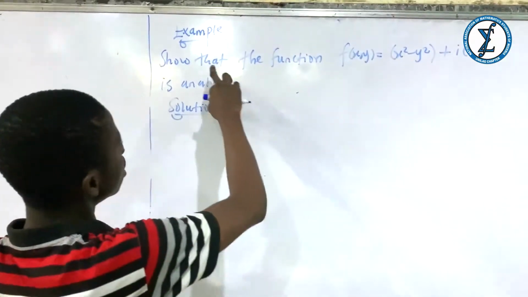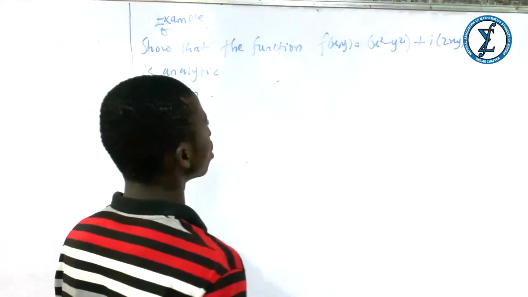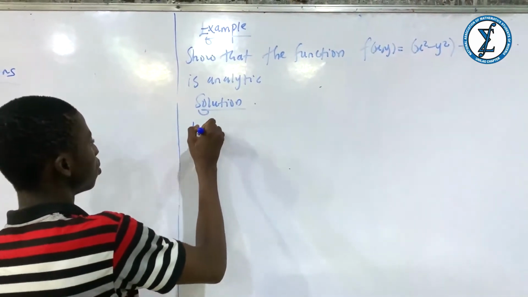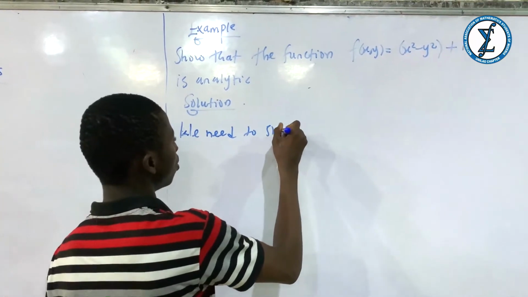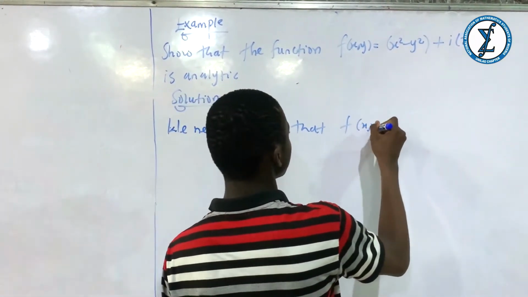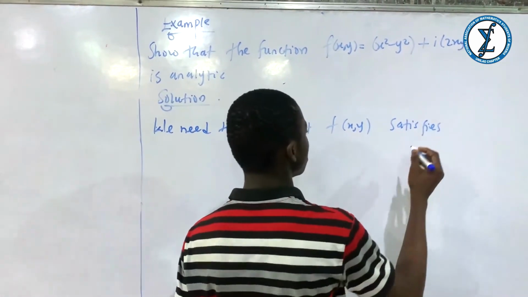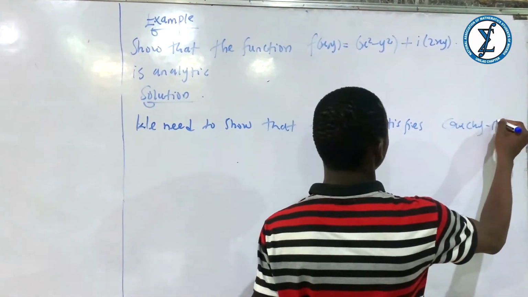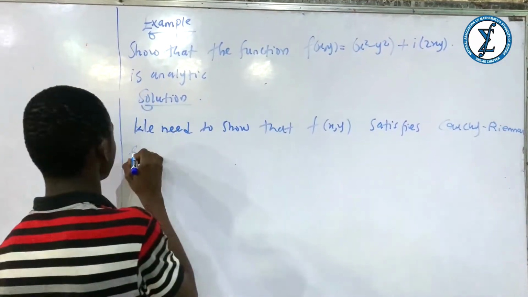Now we want to show that this function is analytic everywhere on the complex plane. So the first thing, the necessary condition, is we need to show that f of x, y satisfies the Cauchy-Riemann equations.